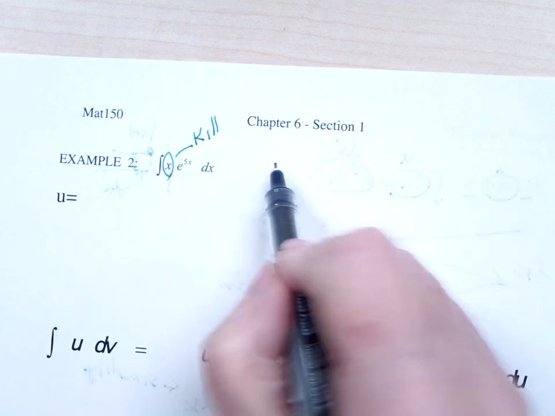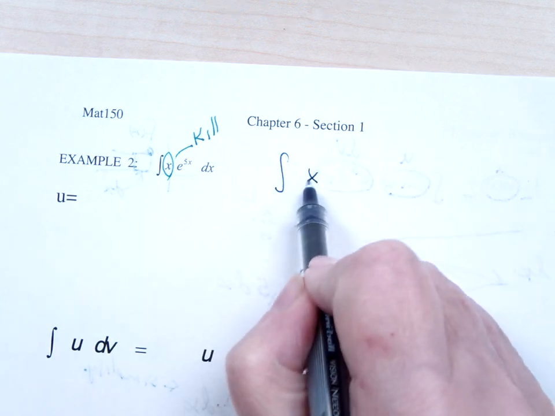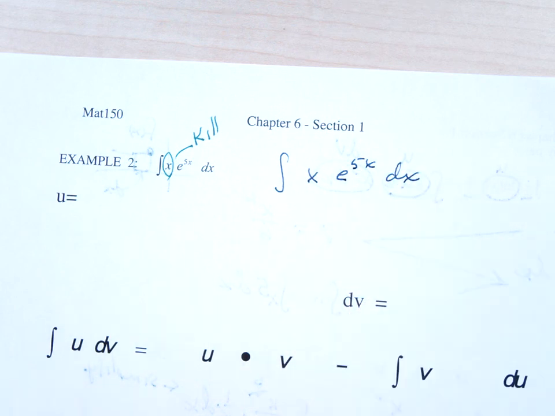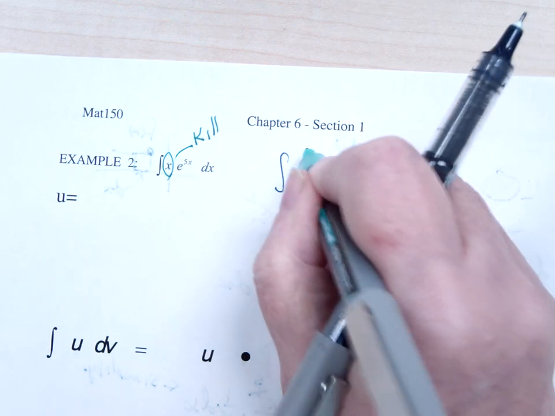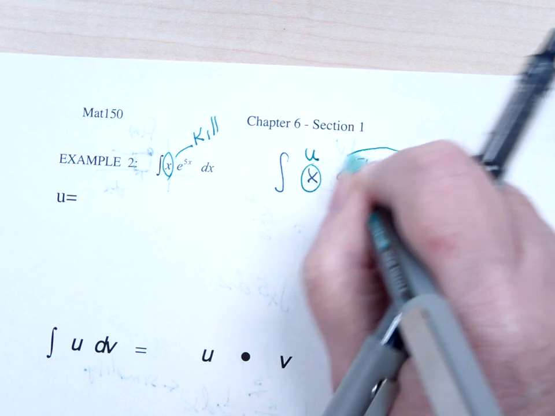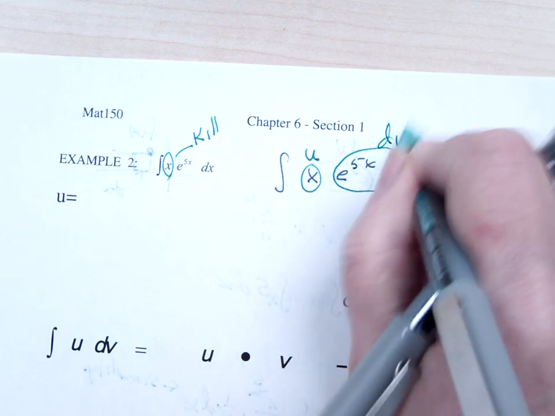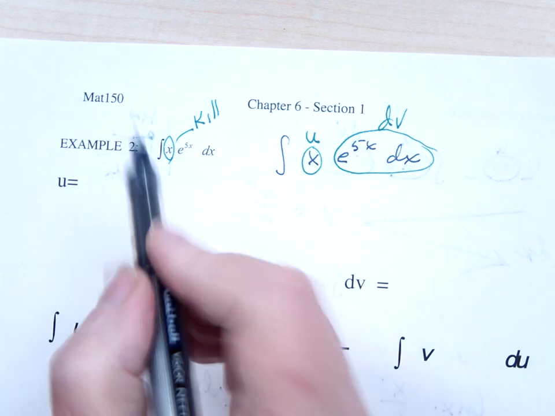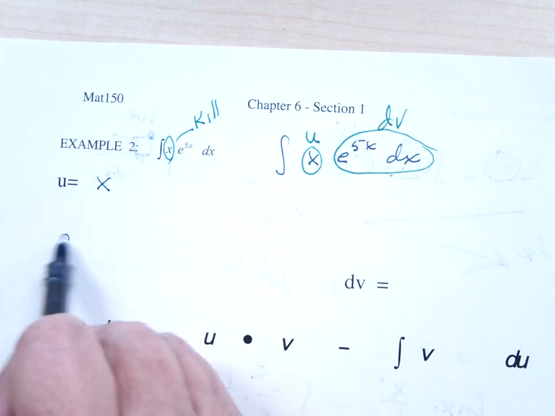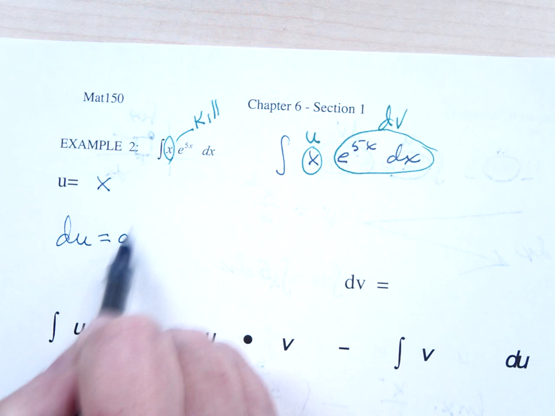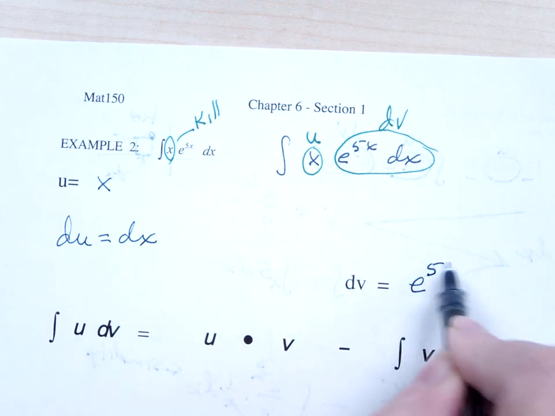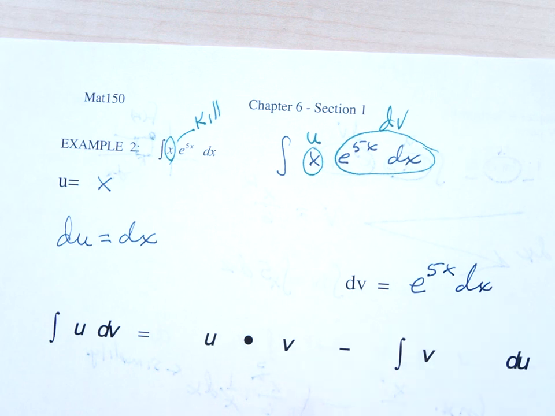So that means as I want to look at the integral of x e to the 5x dx, this guy has to be u, and this guy has to be dv. So that u is equal to x, du is equal to dx, dv is e to the 5x dx.